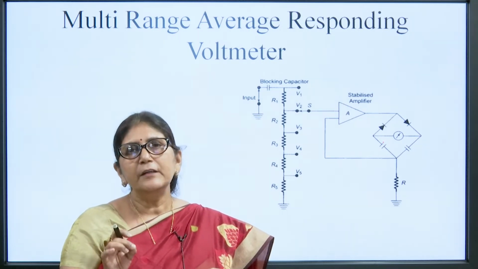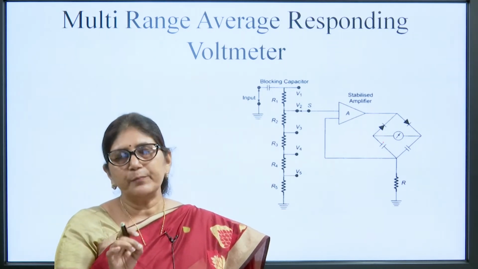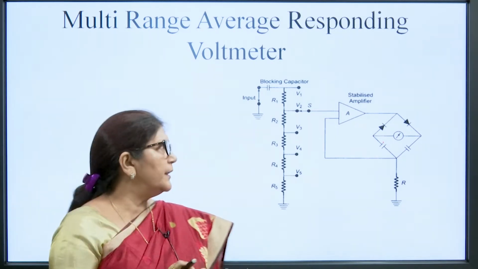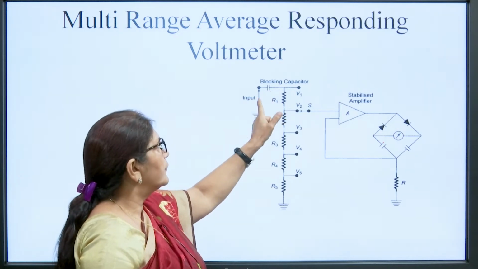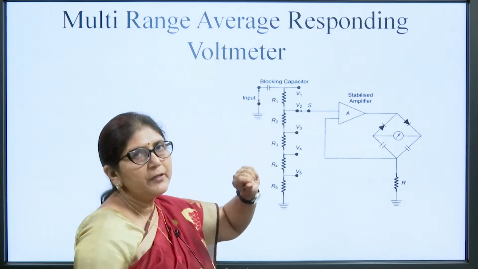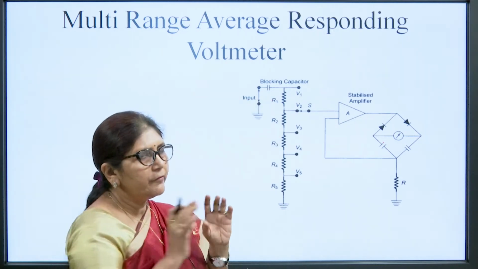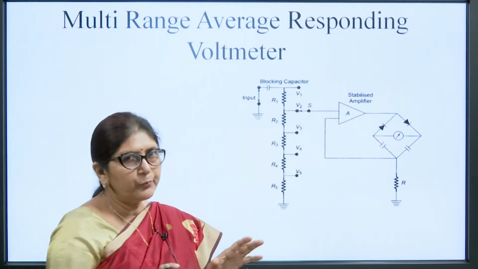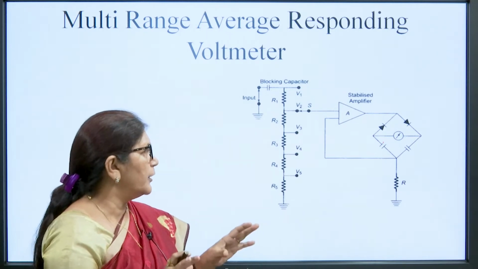So, for DC voltage, the reactance of the capacitor is infinite. It will not pass any DC signal, it will only pass the AC signal. Then there are resistances. Whatever range we want to select, we will place the selection switch at that point, and that will give the particular voltage value.